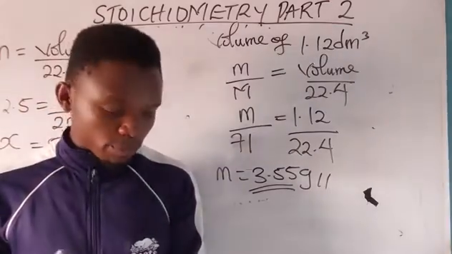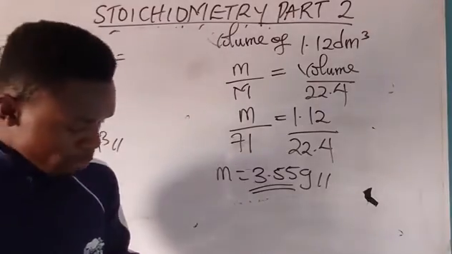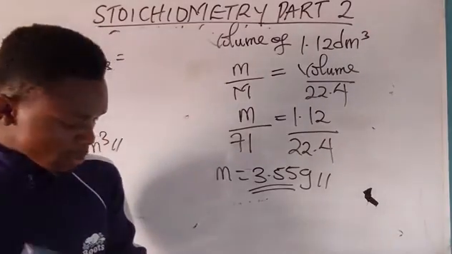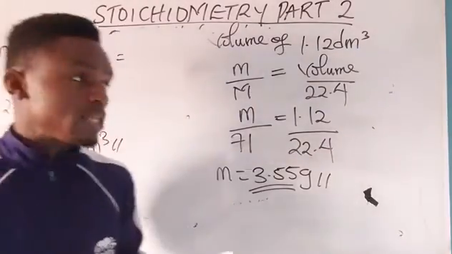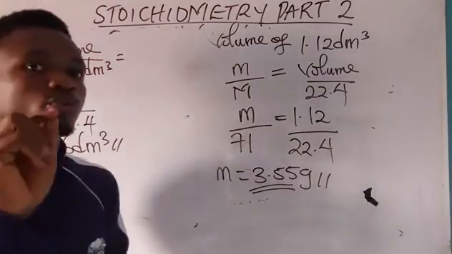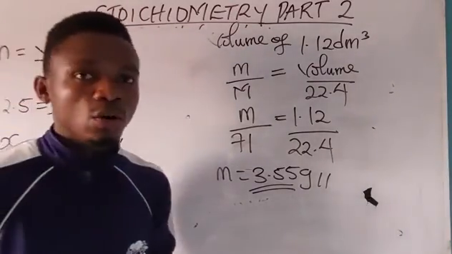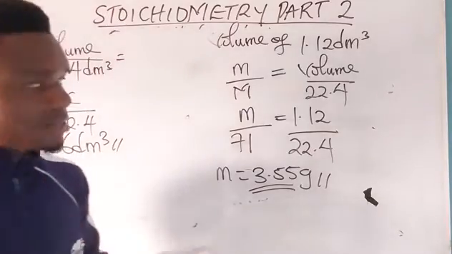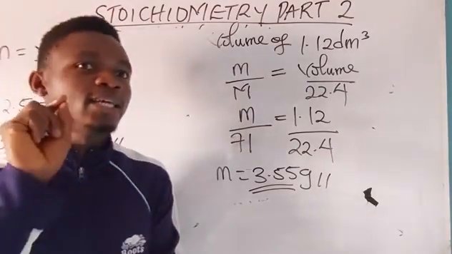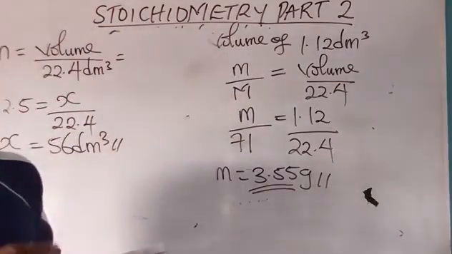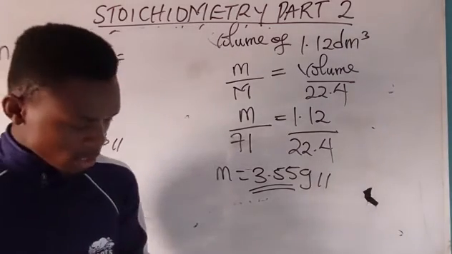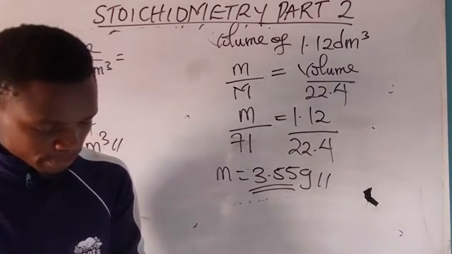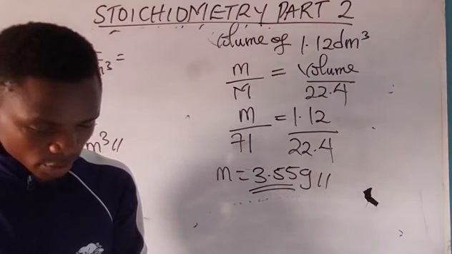B, definite proportion. C, multiple proportion. D, conservation of energy. I told us in the initial class that every chemical equation obeys the law of conservation of mass, as stated by Landolt and his co-worker in 1906. Do not forget that. So I think we are through for today.